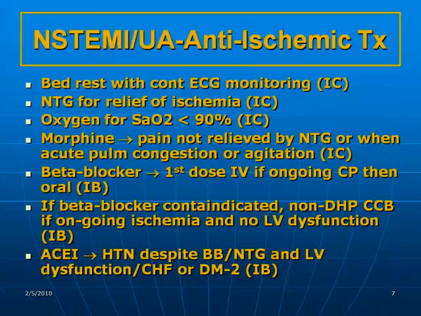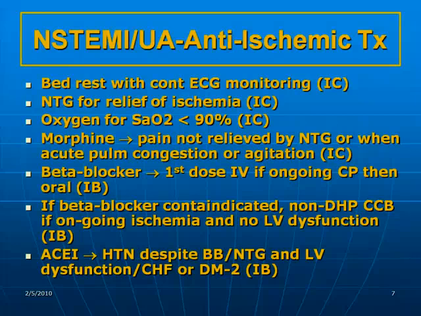So bed rest with ECG monitoring generally is recommended until you decide that you're going to go to the cath lab or whatever, or they're going to go for a stress test. But generally, you don't want these people doing vigorous stuff, these obviously are people that have had rest pain. Nitroglycerin should only be used for relief of chest pain or ischemia.